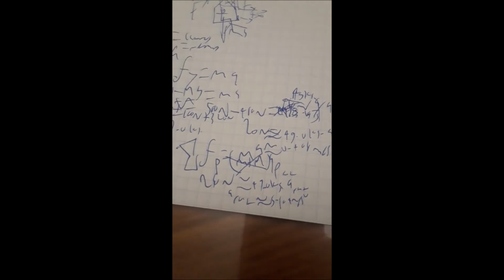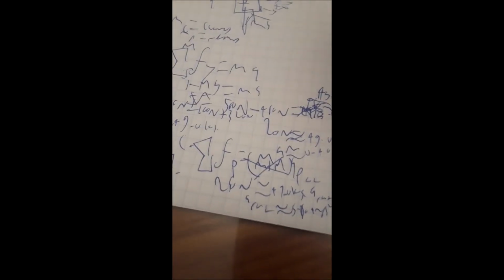So we get A pat is roughly 5.004 meters per second squared. Is that the case? No, it's 5.104. Ignore that.